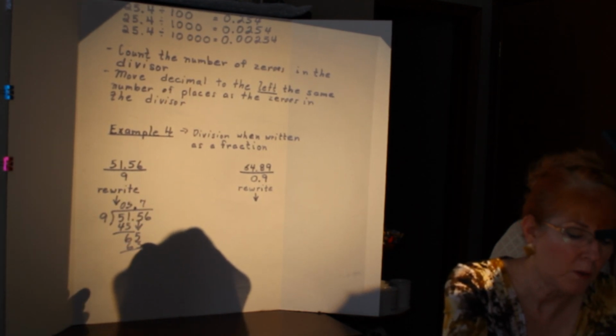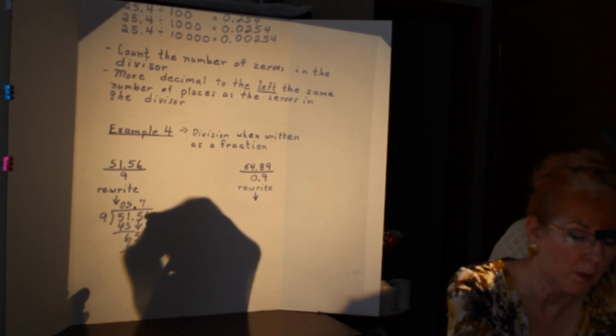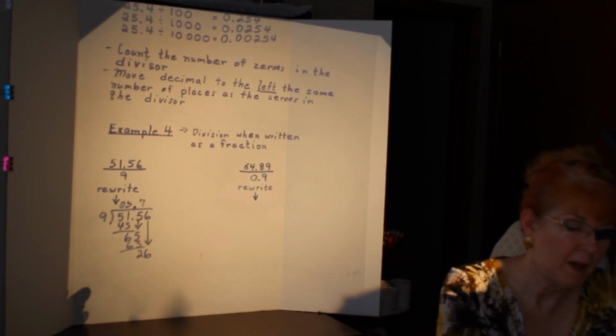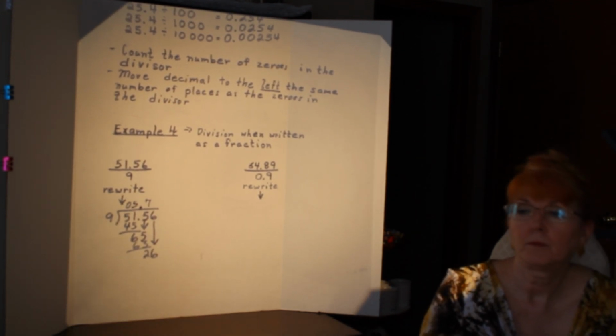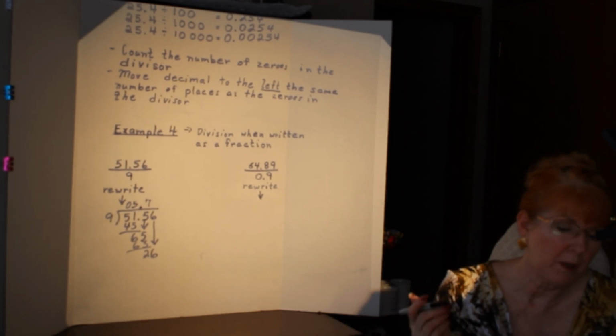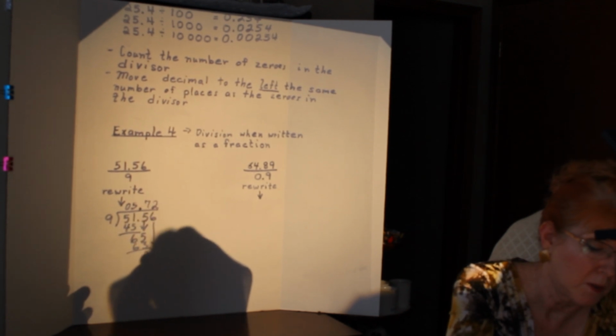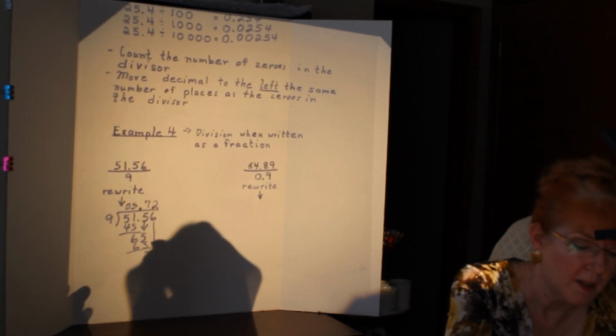5 take away 3 is 2, 6 take away 6 is nothing, so bring down the next 6. How many 9s in 26? 3 would give me 27, so that's not going to work. It's going to have to be 2, which is 18. 26 take away 18 is 8.